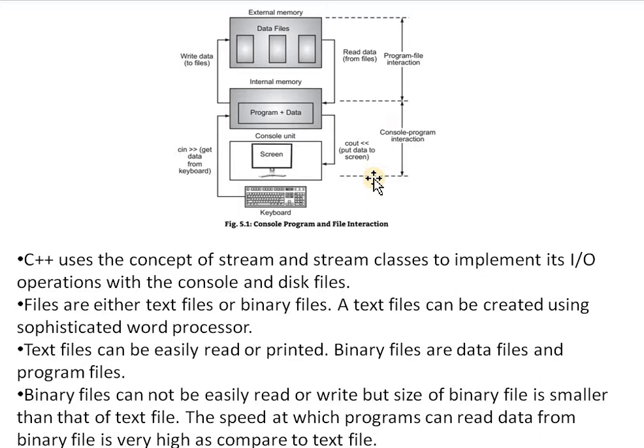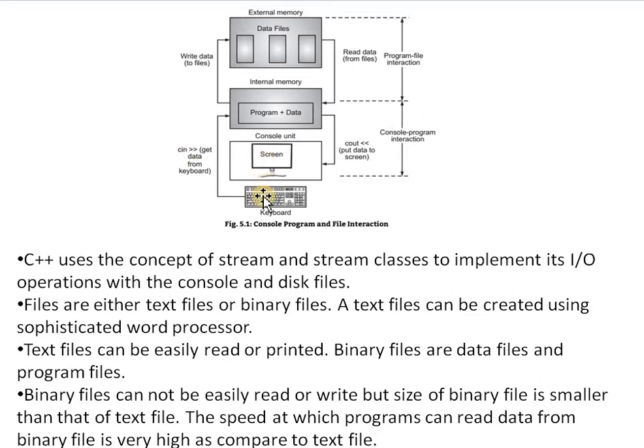In the second type, there is console-program interaction. Whenever the data transfer occurs between a program and the screen or the keyboard, console-program interaction occurs. In console-program interaction, we use different input and output statements. For example, we use the cin statement in C++ to get the contents from the user.